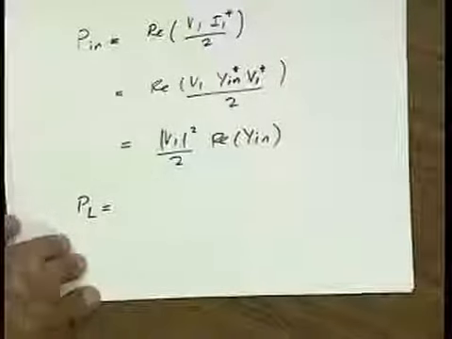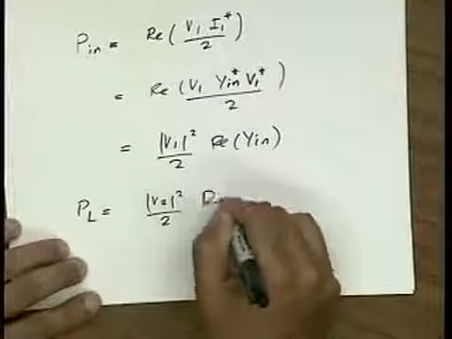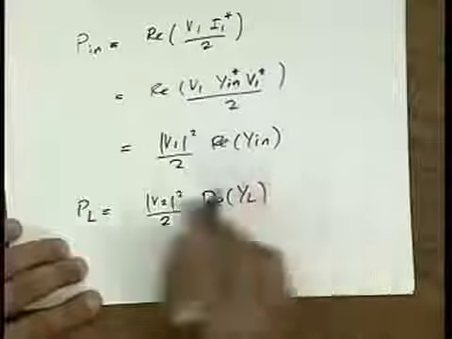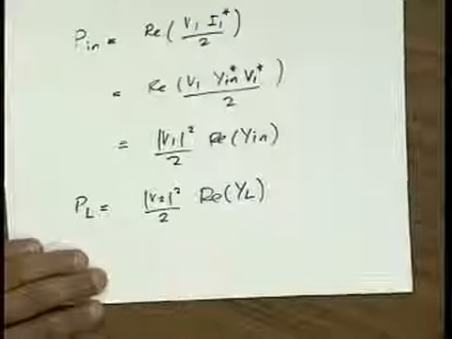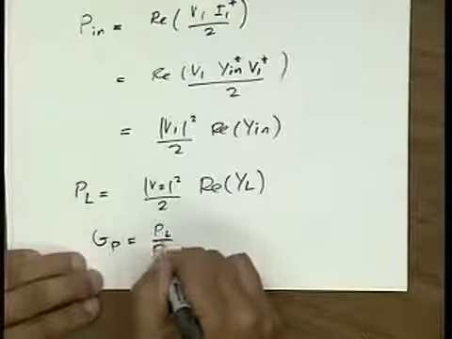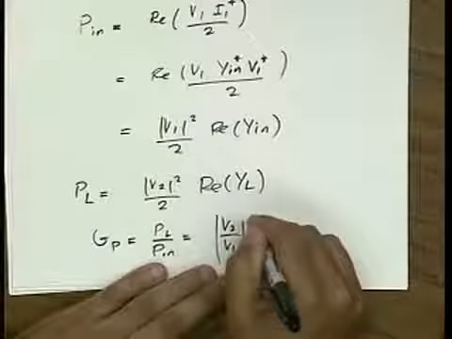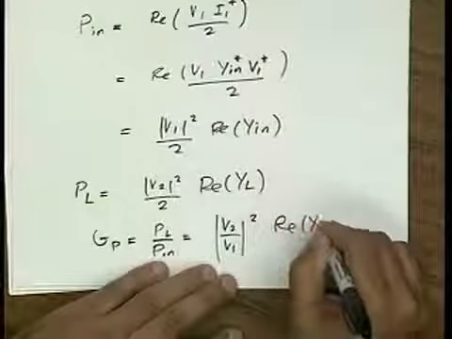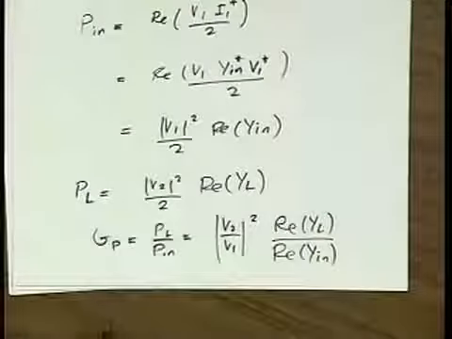Similarly, the power going to the load is V2 squared divided by 2 times the real part of YL. So the power gain, which is simply PL divided by Pin, is the voltage gain squared times the real part of YL divided by the real part of Yin.